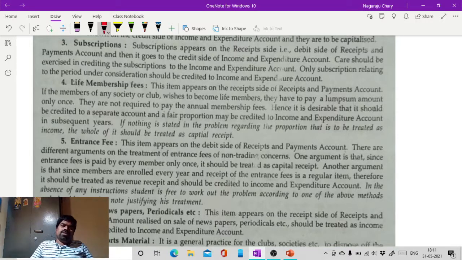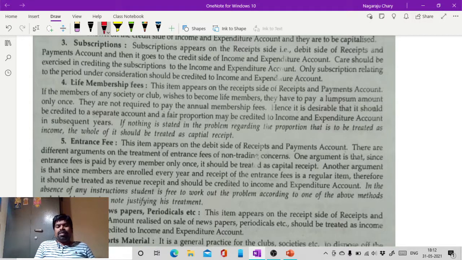If it is a regular item, it is treated as income. Care should be exercised in crediting subscriptions to the income and expenditure account.